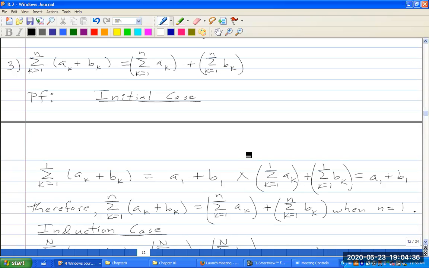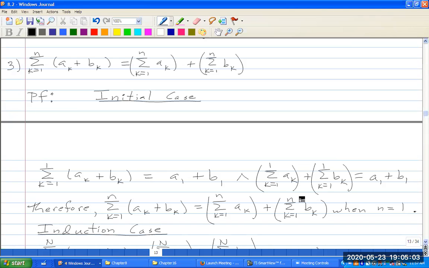Let's look at this when n is 1. So this is the sum k equaling 1 to 1 of a sub k plus the sum k equaling 1 to 1 of b sub k. Well, this is just a1 and this is just b1. And so a1 plus b1 is the same. Therefore, these are the same when n is equal to 1. So I've shown the initial case.